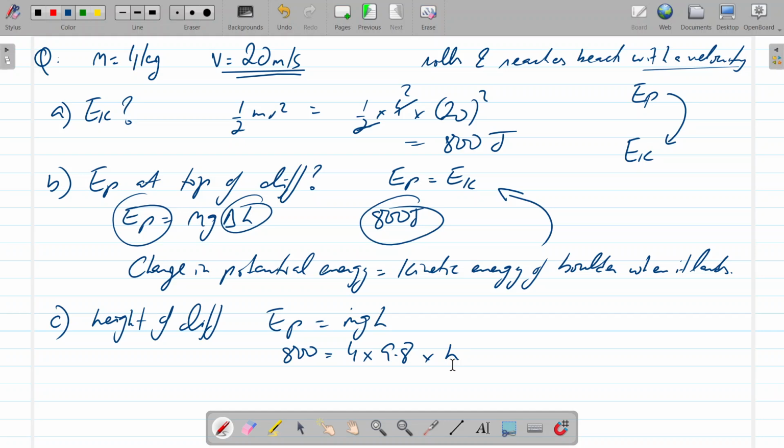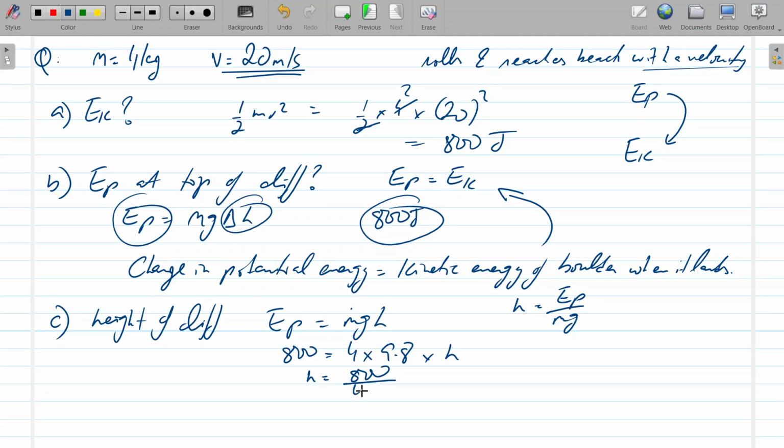You make height the subject. So H equals Ep upon mg, right?